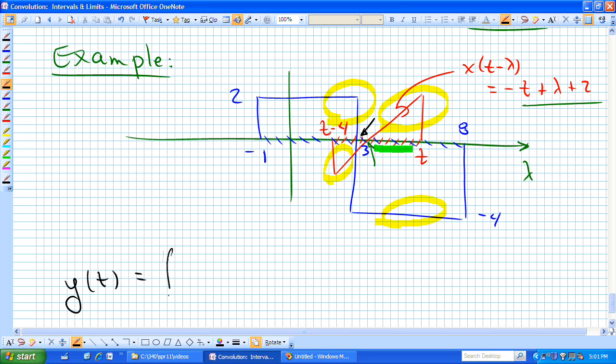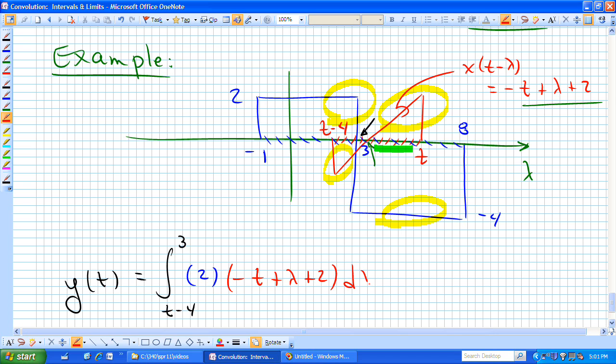And y of t, I would actually break up into two integrals. The reason is that h of t is going to have a value of 2 from t minus 4 up to 3, and x is going to be minus t plus lambda plus 2.